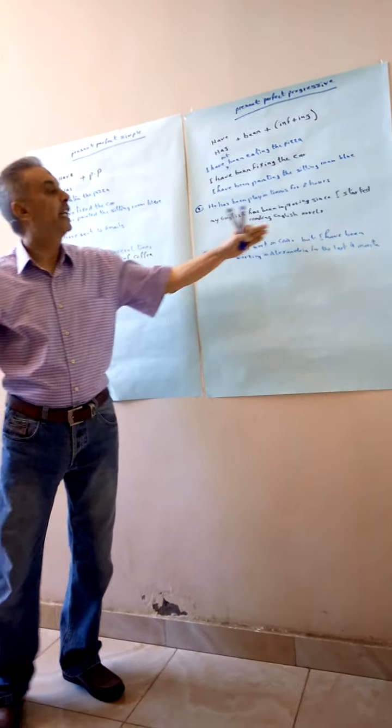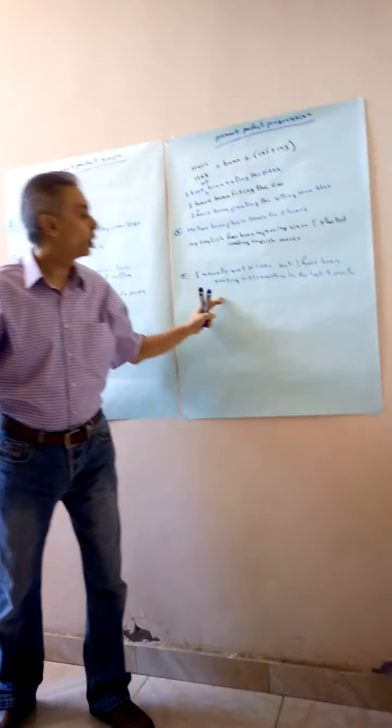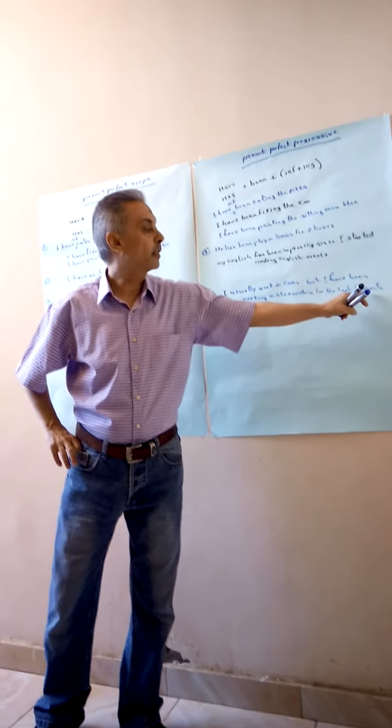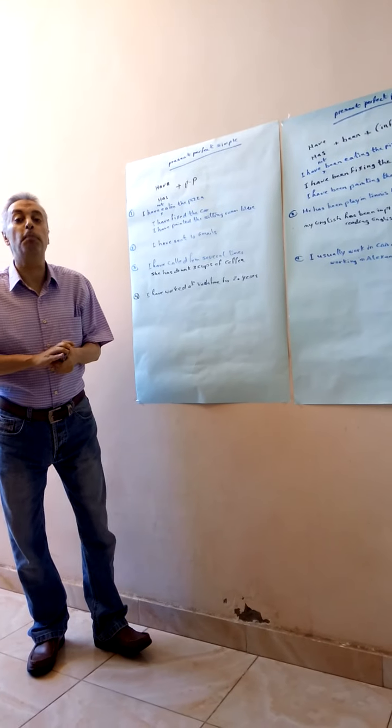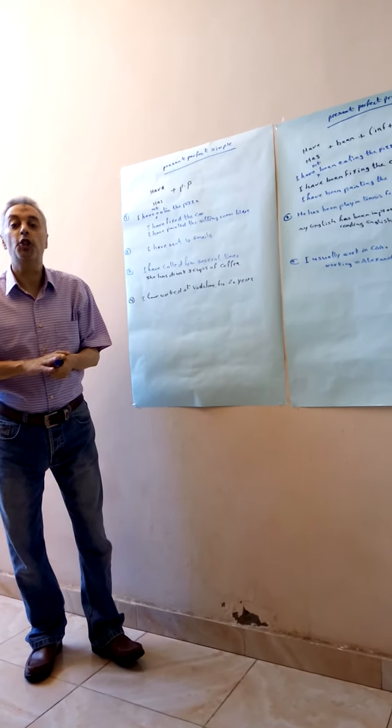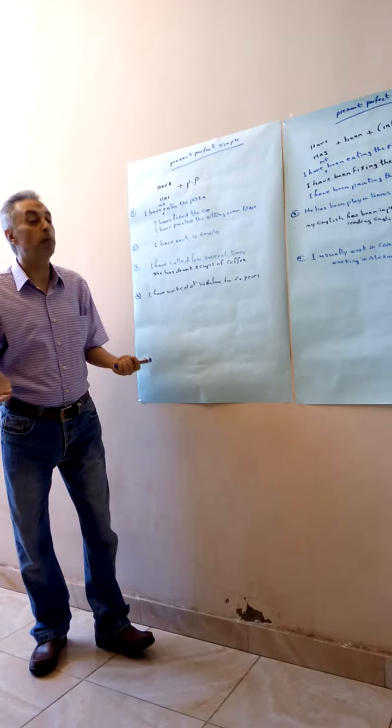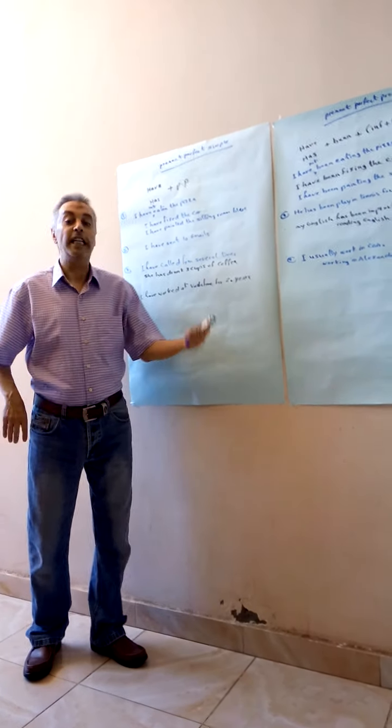I usually work in Cairo, but I have been working in Alexandria for the last 4 months. So, working in Alexandria is not a permanent activity. It's just temporary, because I normally work in Cairo.